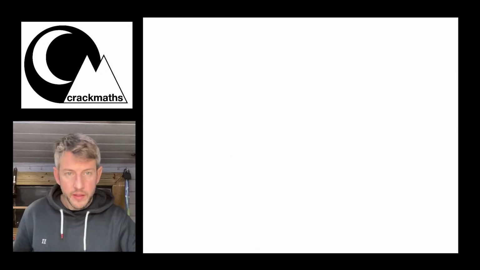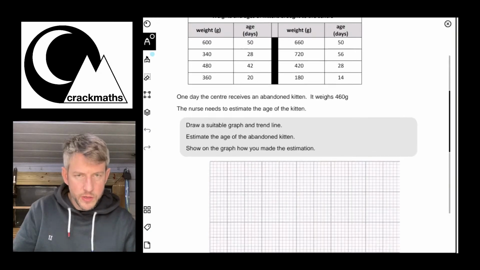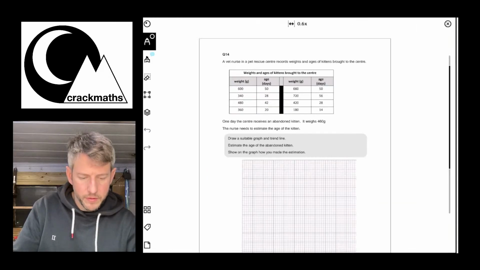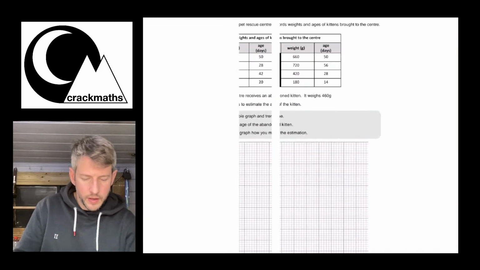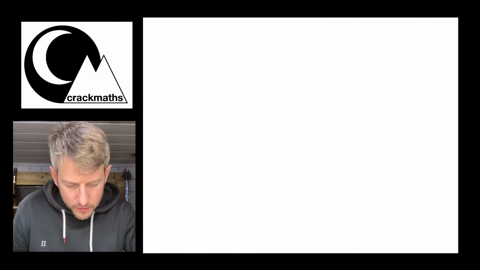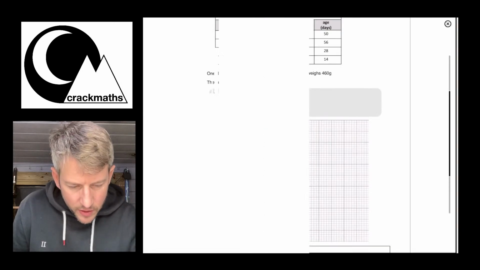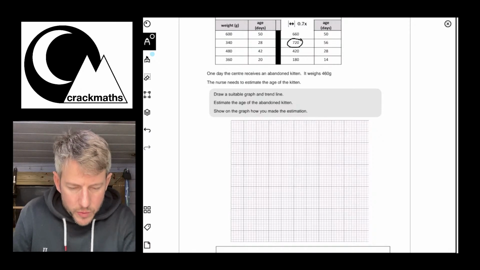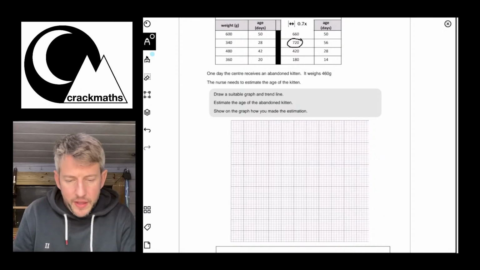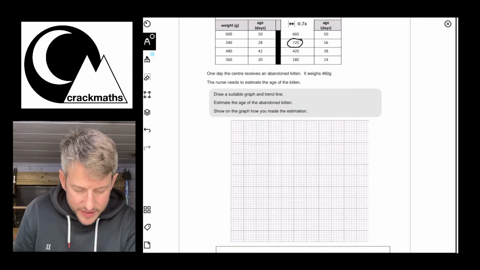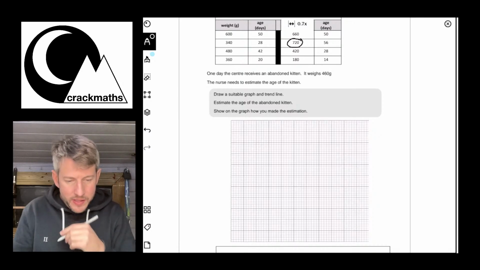I'm going to have to zoom a little bit here to get this all on. The weight needs to go up to 720, and it goes down to 180, so let's take it all the way to 0.